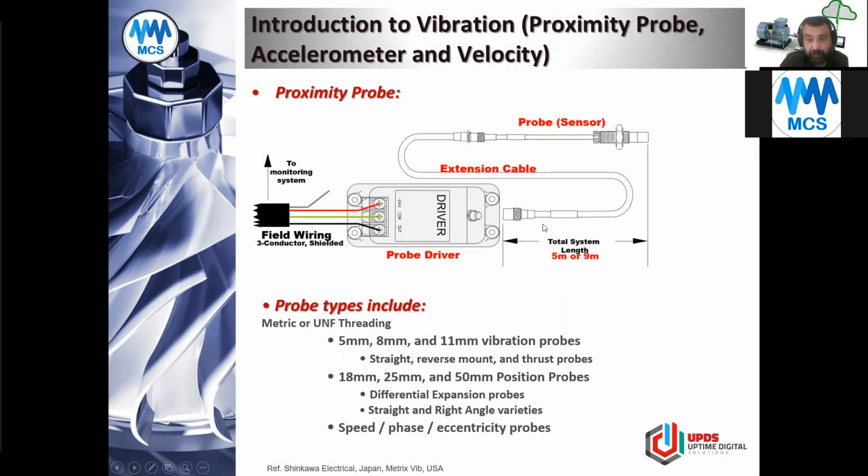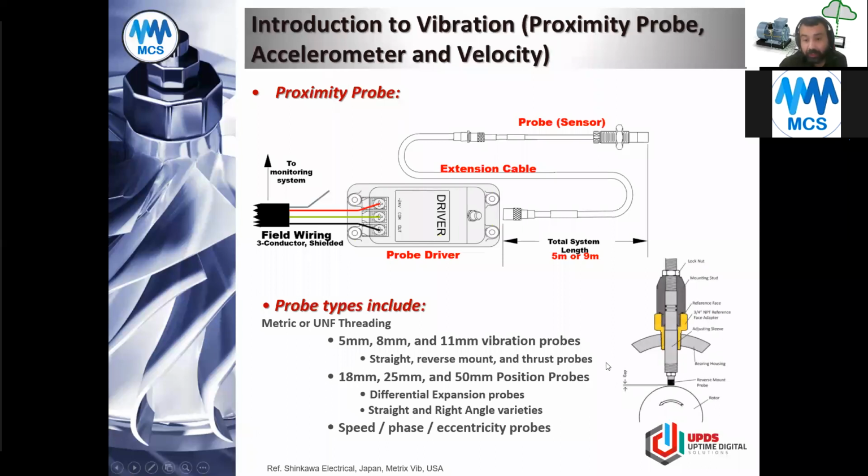With the same typical arrangement, you can use the proximity probe in different applications. You can use it for speed, for thermal expansion, for overspeed, for axial position, for rod drop. It's the same probe at the end.